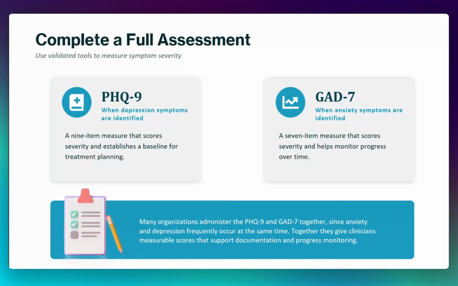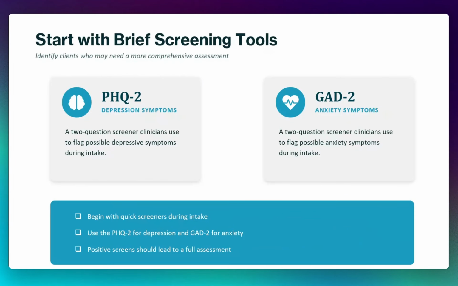If someone has a high score on the PHQ-2 or GAD-2, they may go on to a full assessment, which would be the PHQ-9 for depression or GAD-7 for anxiety. These two assessments are considered two of the most trusted evidence-based mental health assessments available today. You can tell by the number after the letters how many questions are on the assessment. For example, PHQ-2 and GAD-2 have 2 questions each.